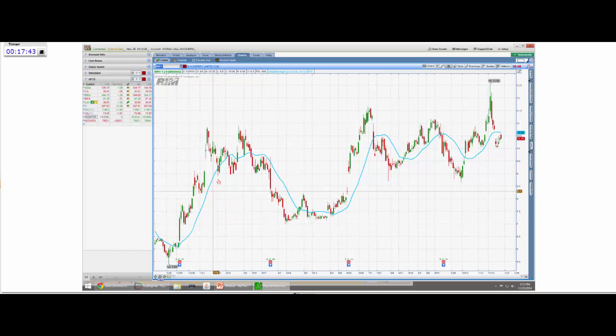Well, here was a perfect example here recently on BlackBerry. Last December, you can see there was a very nice trigger right there. And again, look what happened. 1, 2, 3, 4 bars later, it was a significant move higher. Now, it may not seem significant here.